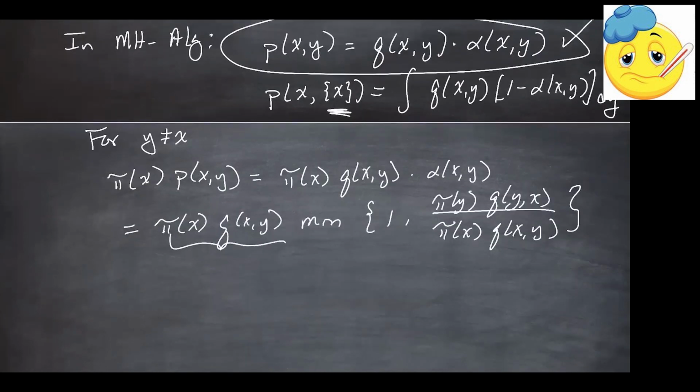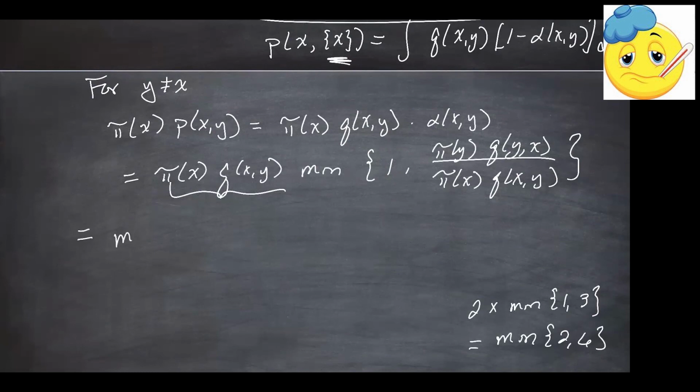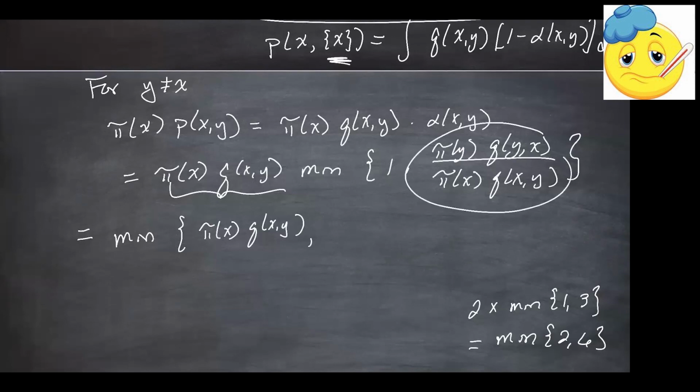So I'm going to multiply this through, and this is just like, if you have 2 times the minimum of 1 and 3, the answer here, because everything is non-negative, is the same thing as the minimum of 2 and 6. You can bring that inside and multiply. So I get the minimum of pi of x, qxy, and then when I multiply by the second one, the denominator cancels, so I get pi of y, qyx.